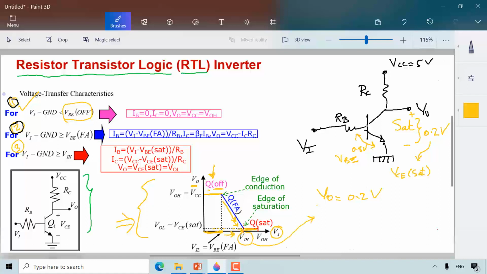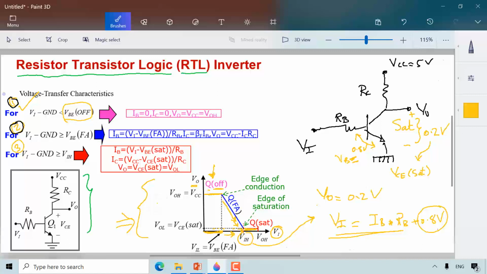Well, it is the voltage when I establish this 0.8 volt. So you have to think of it as VI equals IB times RB plus 0.8 volt, which is the VBE in saturation. And we can compute this given the values of the resistor and other parameters in the circuit.